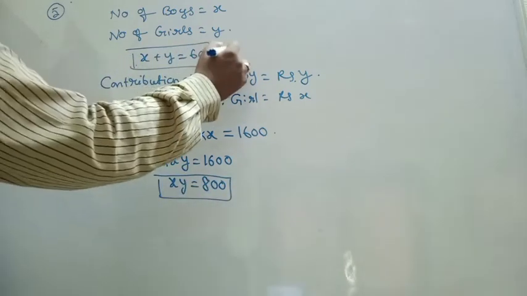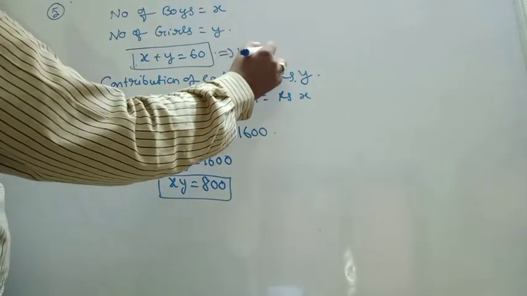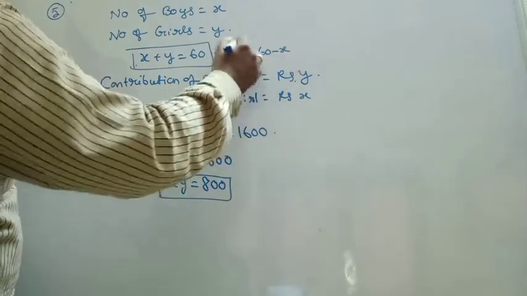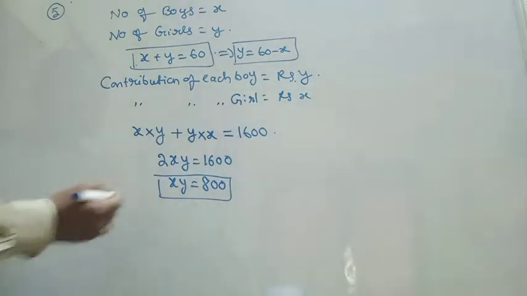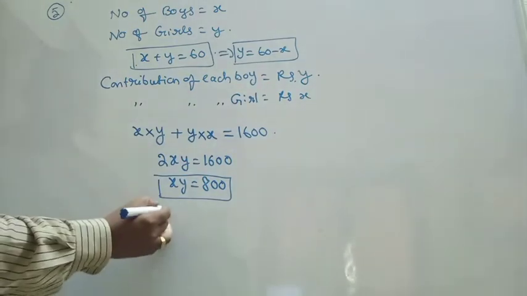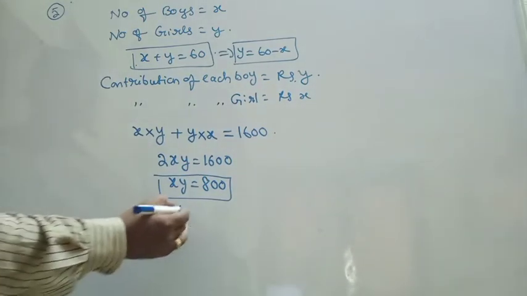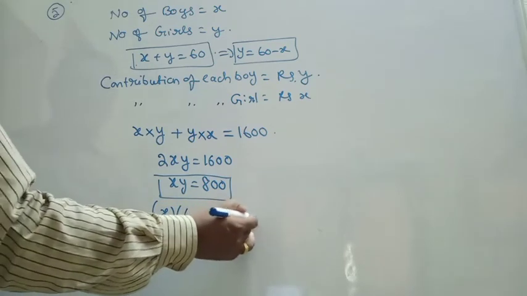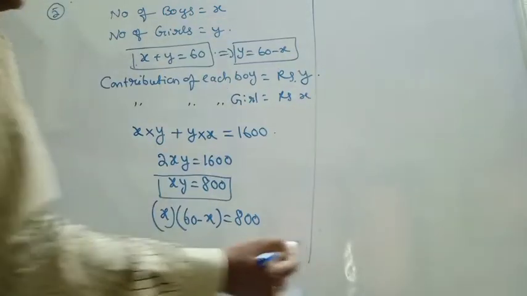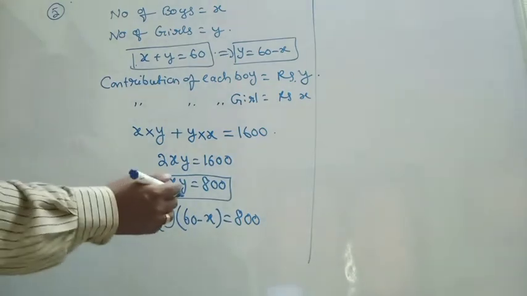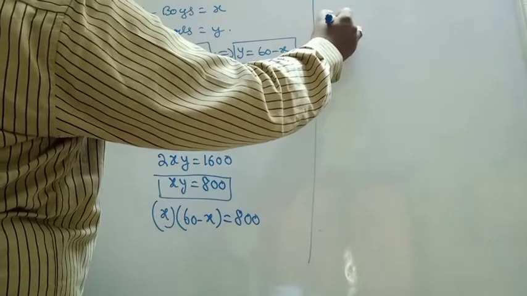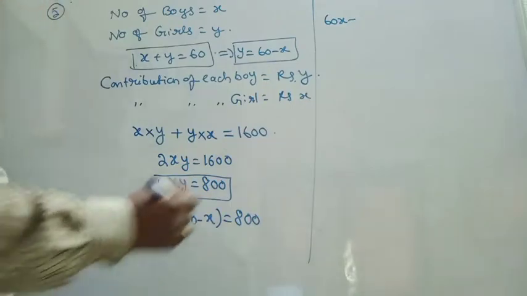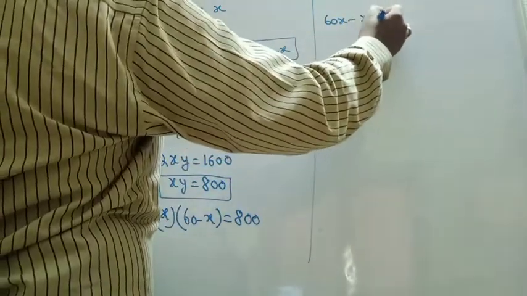From this you can get y is equal to 60 minus x. Therefore, x into y, where y is 60 minus x, is equal to 800. Now once you have this, 60x minus x square is equal to 800.